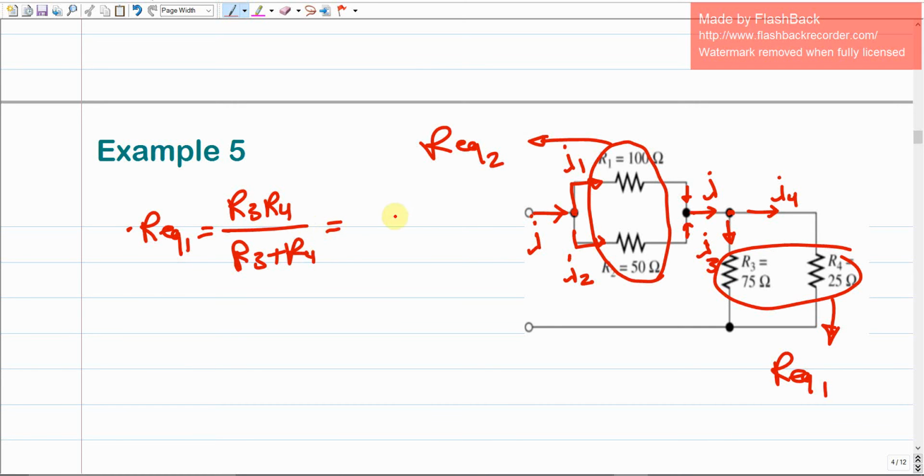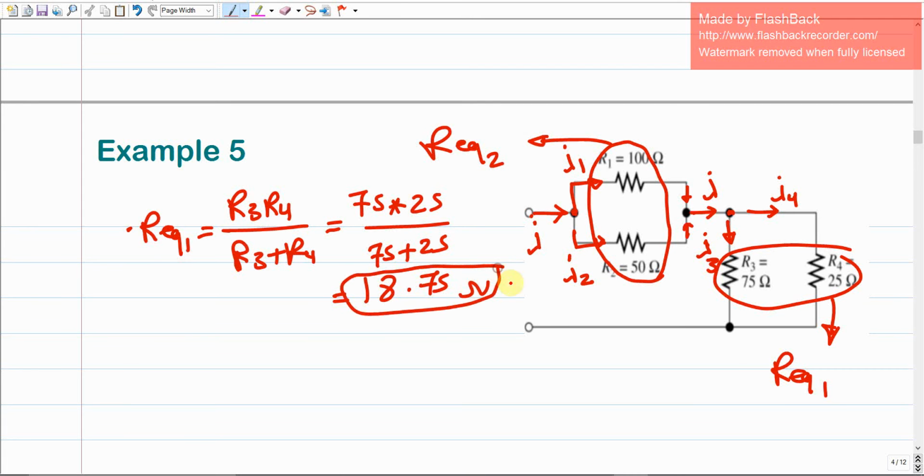So this gives us 75 times 25 divided by 75 plus 25. If we did the calculation, this gives us 18.75 ohms. This is the R equivalent 1 by combining R3 with R4.